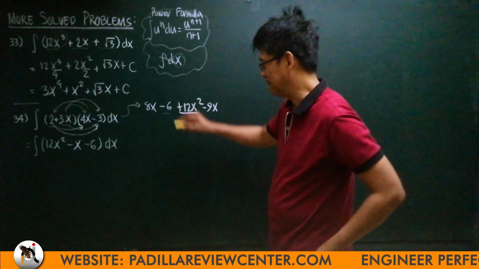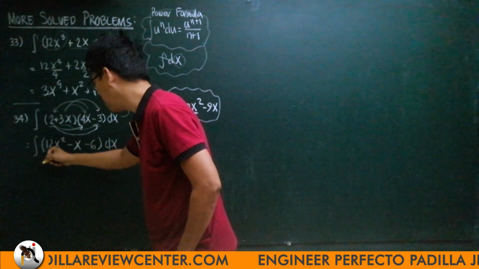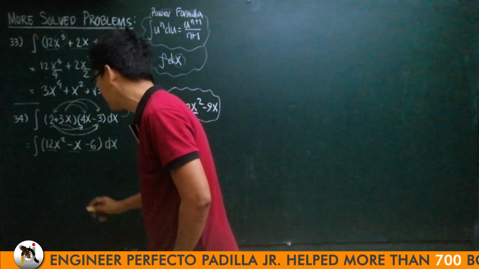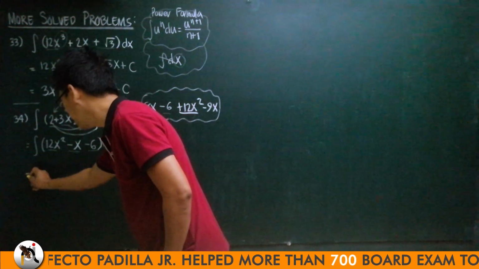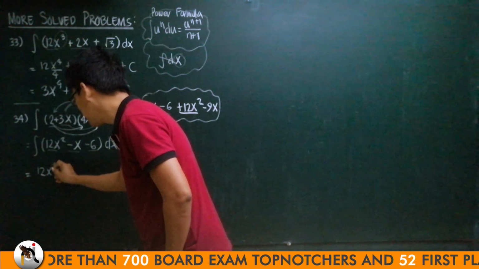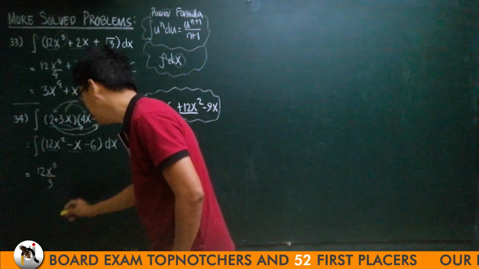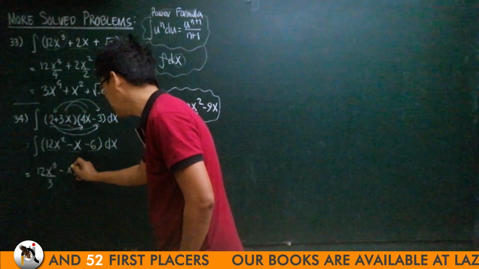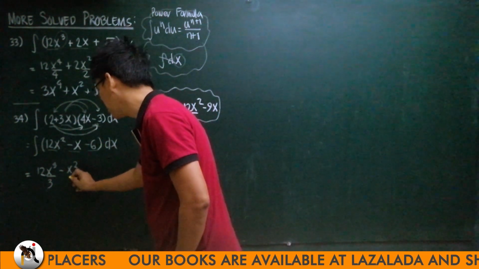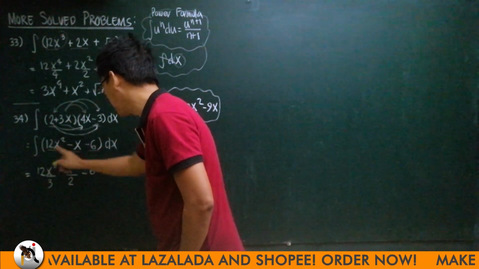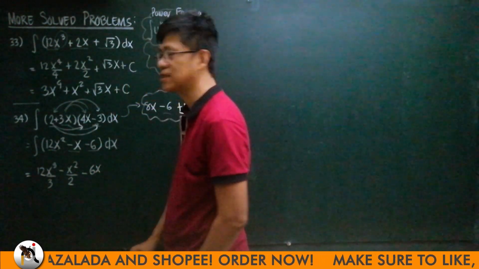You follow? Okay. So the integral of 12x squared, so these are independent powers of x. This is going to be 12 times the integral of x squared, x cubed over 3, minus the integral of x to the 1, that is x to the 1 plus 1, 2, over 2, minus 6 integral of dx, x.